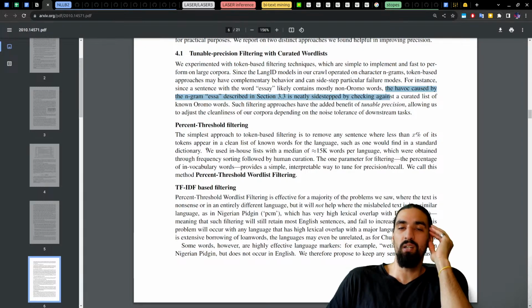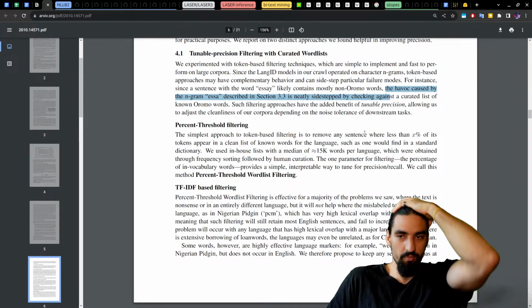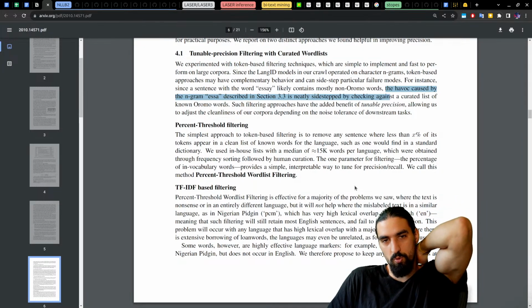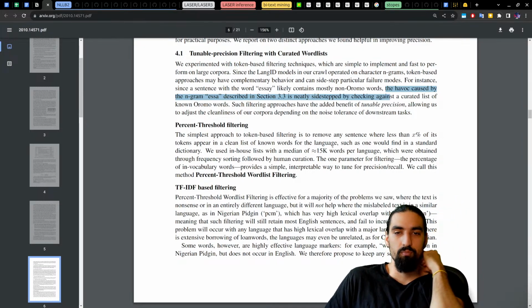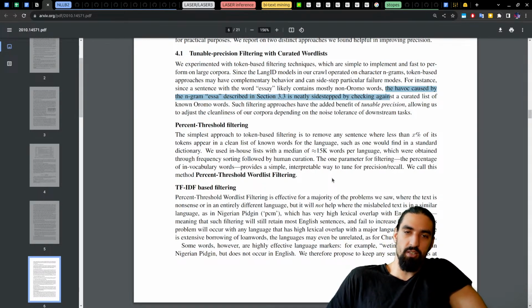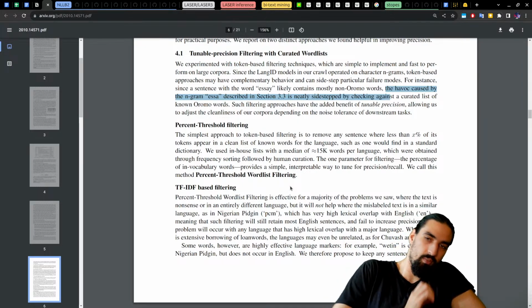We used in-house lists with a median of 15,000 words per language, which were obtained through frequency sorting followed by human curation. The one parameter for filtering, the percentage of in-vocabulary words, provides a simple, interpretable way to tune for precision and recall. We call this method percent threshold word list filtering.